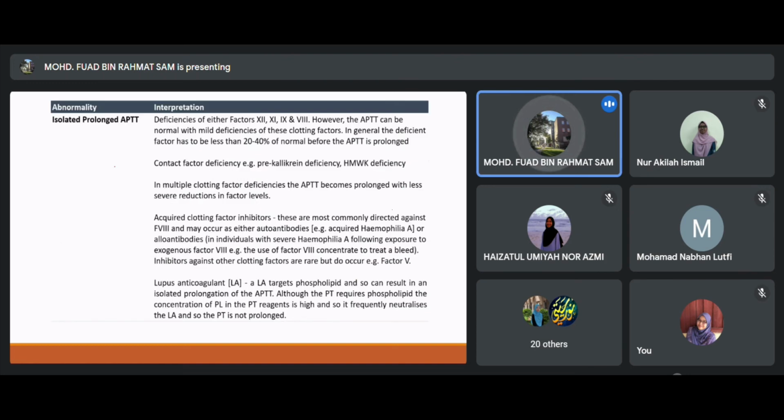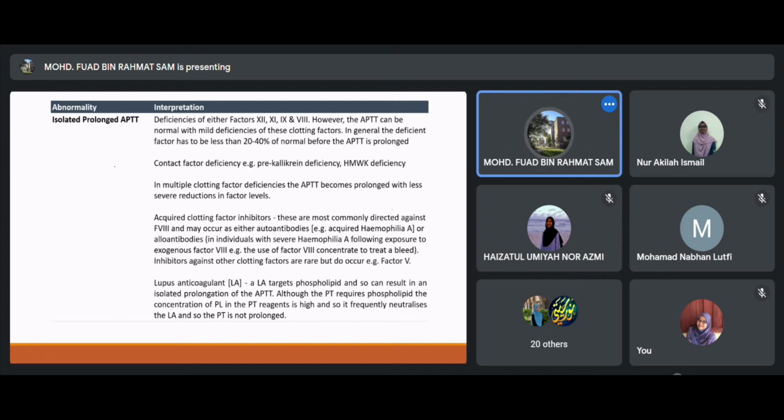Okay, now this is the prolonged abnormality, what happens if there is a delay or a prolonged APTT time. For example, we can interpret many diseases or pathological conditions.